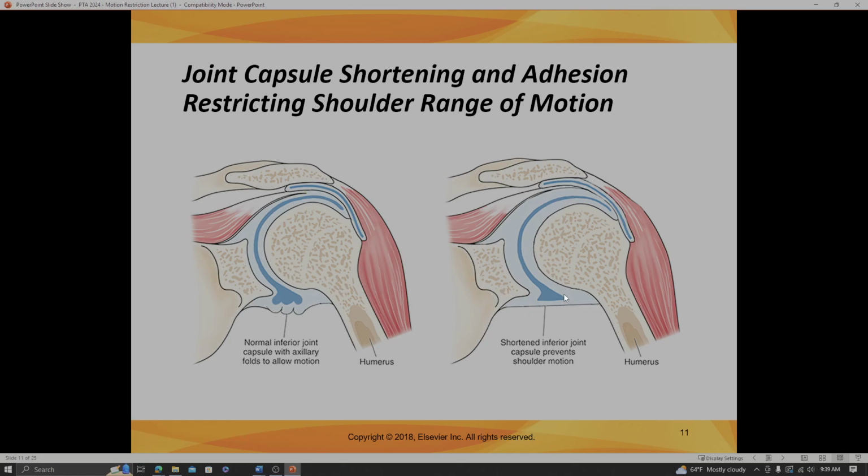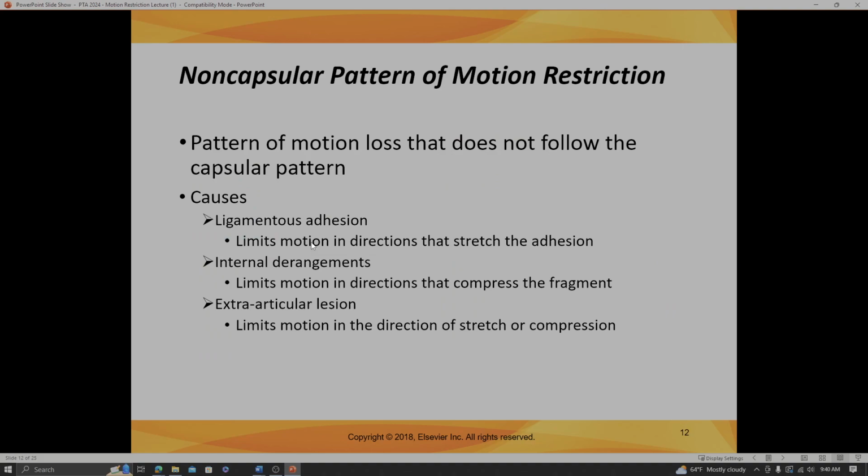If that goes away and you have a shortening of that joint capsule, when I go to raise this arm up away from my body, it's going to correspond to a tightness. It'll run out of slack, so to speak, and that can limit my ability to reach up overhead. So that would be a capsular issue caused by a capsular pattern, and abduction is a huge part of the capsular pattern in the shoulder, and also internal-external rotation.